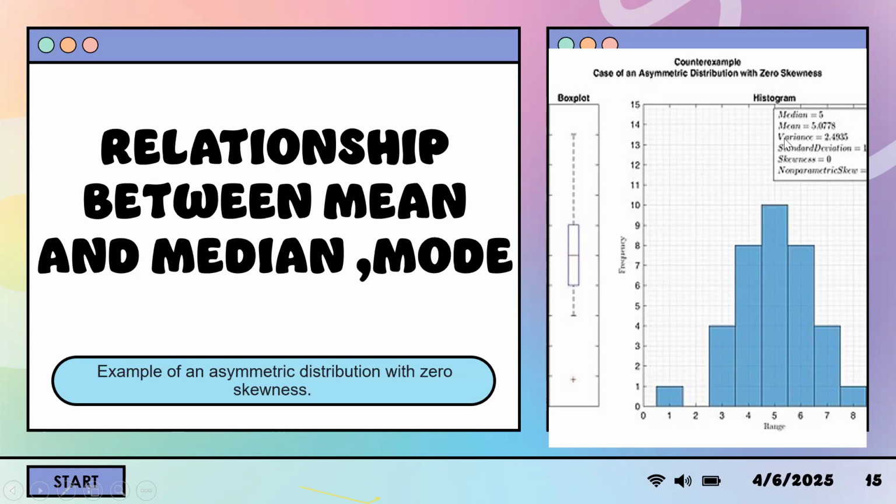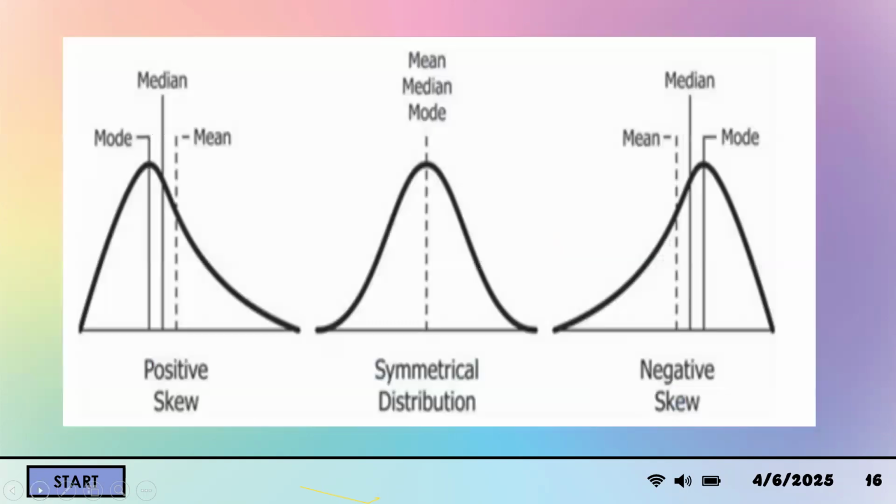So in this case, we can observe that the mean is 5.07, variance is 2.4, and standard deviation is 1. Skewness in this case is 0, and non-parametric skew is equal. That means all of the values are evenly distributed around the center. So this is an example of a symmetric distribution with 0 skewness.